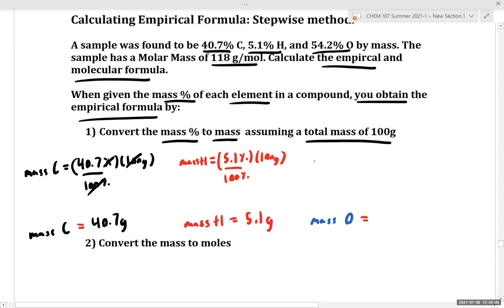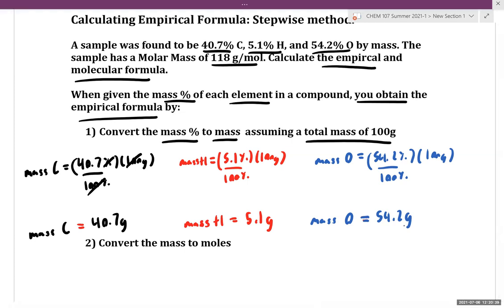Okay, by this same logic, what would the mass of oxygen be? 54.2. Exactly. We take our mass percentage of oxygen and multiply by the total mass, which is 100 grams. That in turn gives us a mass of oxygen of 54.2 grams.